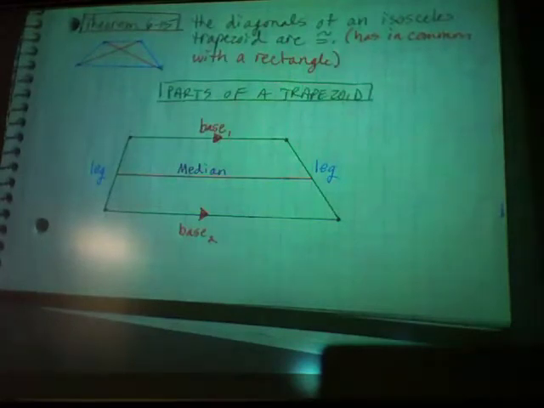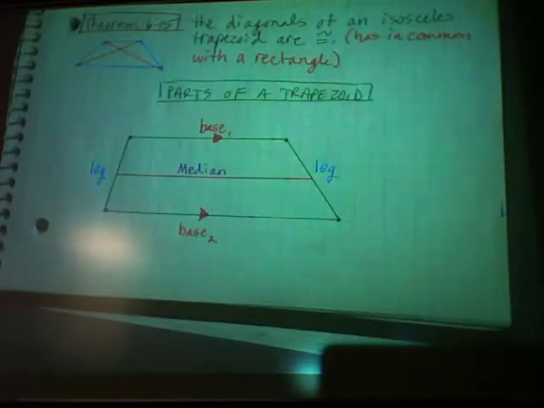Now, a median mathematically, prior to now, has always been associated with a group of data, where you line up the data from smallest to largest and find the middle number or average the two middle numbers. This is different, although it's kind of the same.